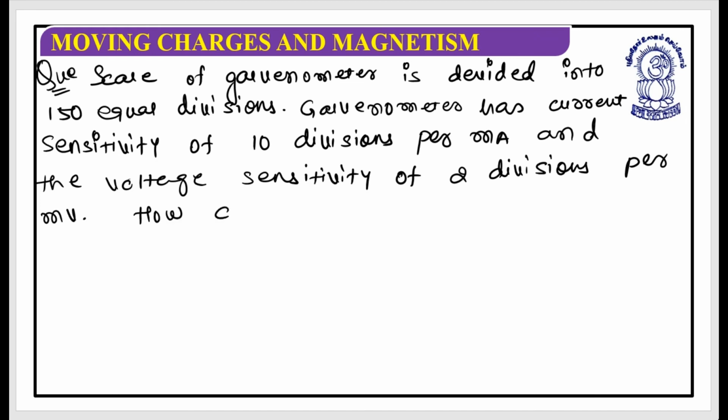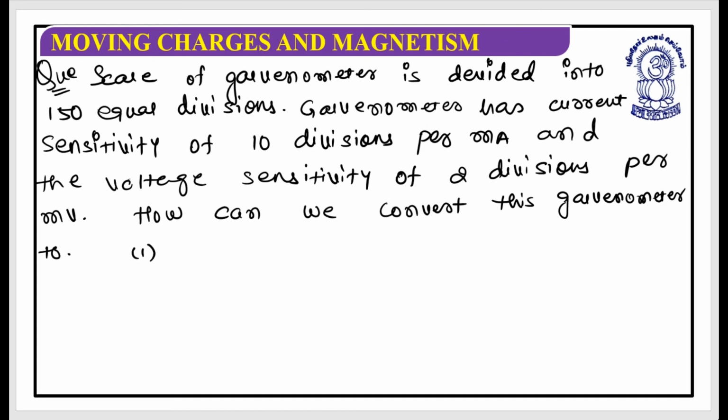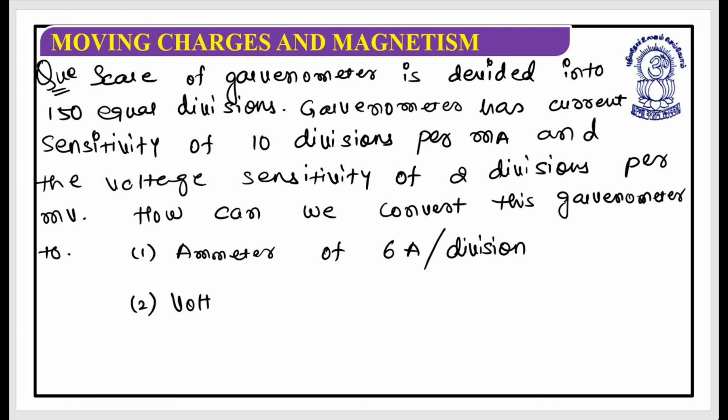How can we convert this galvanometer, first into an ammeter of 6 ampere per division, and second into a voltmeter of 1 volt per division?